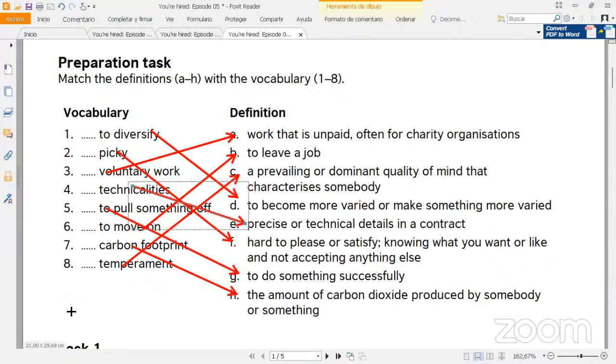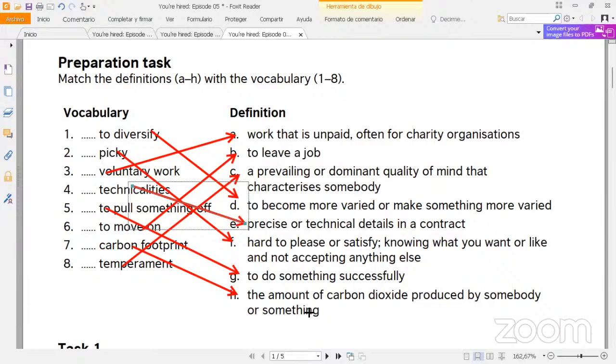Are any of the vocabulary new to you? Well, technicalities and carbon footprint. Carbon footprint, the amount of carbon dioxide produced by somebody or something. How much do you contaminate? Remember, companies, they contaminate. How? They use energy, they produce waste, okay?